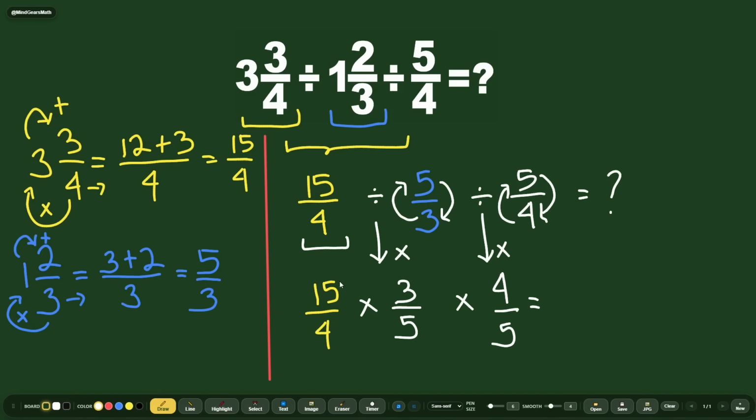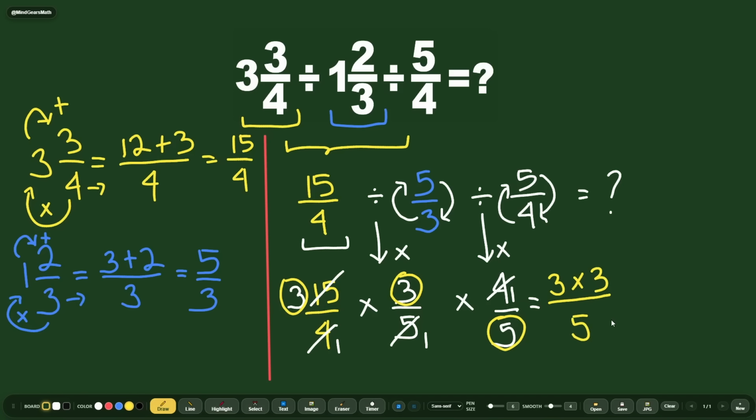As you can see here, 15 divided by 5 becomes 3, and then the 4s cancel out. 3 times 3 divided by 5, and the result is 9 over 5, or we can convert to mixed fraction 1 and 4 over 5.